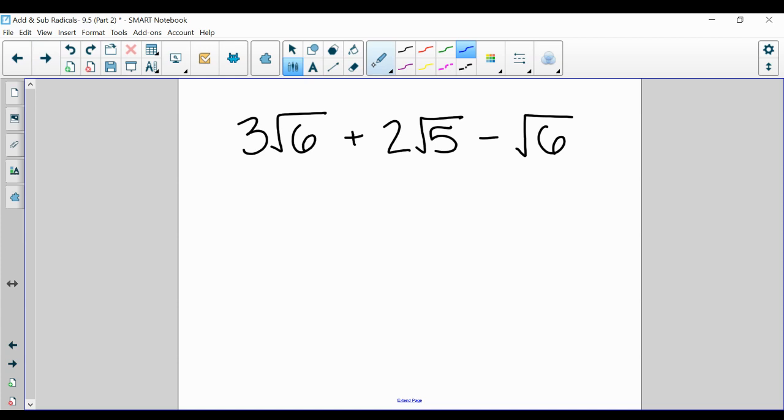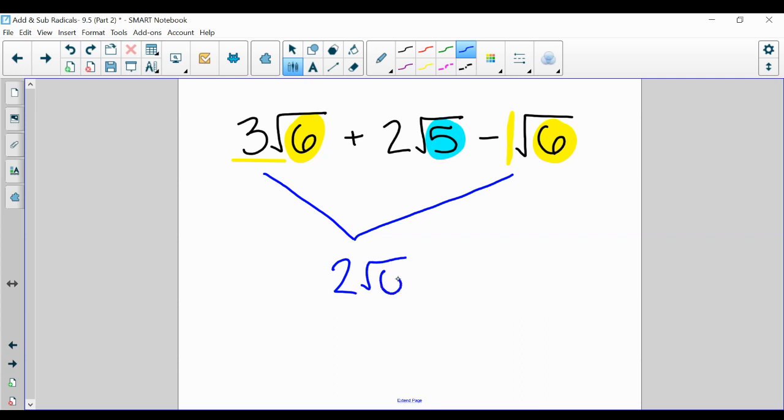Here's another one where I want to show you what we're able to combine and what we're not. I have root 6 and I have root 6, so I'm going to be able to combine those two. This has a 3. This has an invisible 1 right here. But here I have root 5, and what I want you to notice is we can't combine my root 6's with my root 5. Here's how you would simplify this problem. 3 root 6 minus 1 root 6 is going to get me to 2 root 6.